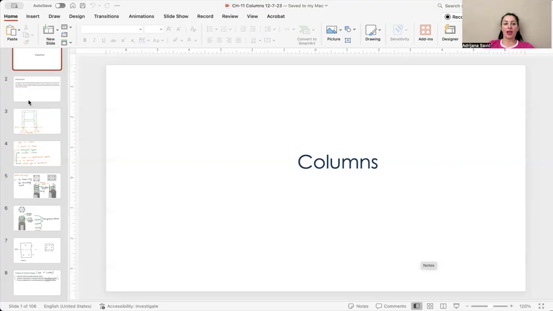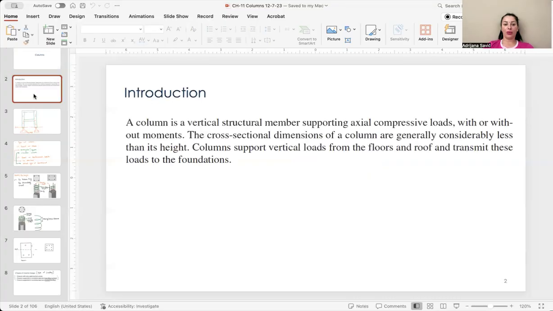So firstly, let's talk about what a column is. A column is a vertical structural member which supports axial compressive loads, and we may or may not have moments. So it can be pure axial loading, bending loading, or biaxial loading.